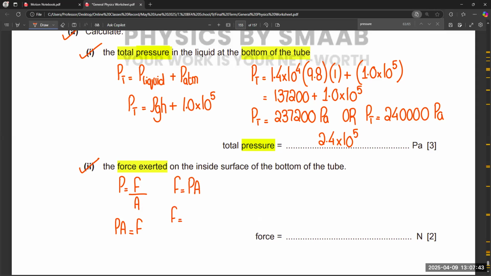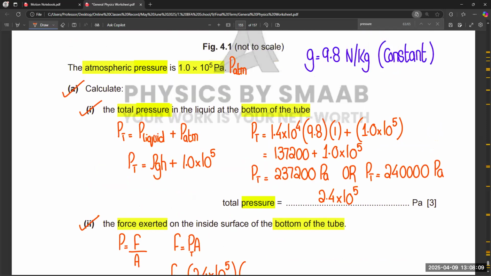So for the value of pressure, we calculated the total pressure. We have to use total pressure right now because they are also talking about the same thing, the bottom of the tube. So we already calculated the bottom of the tube pressure. The total value is 2.4, and area is given in the question.